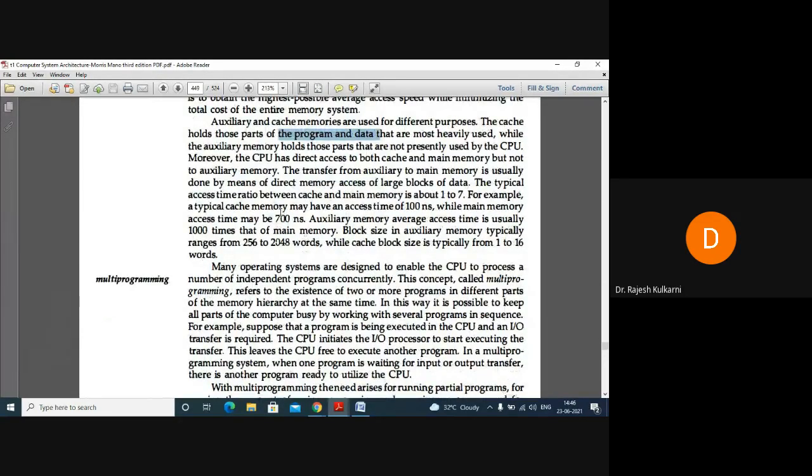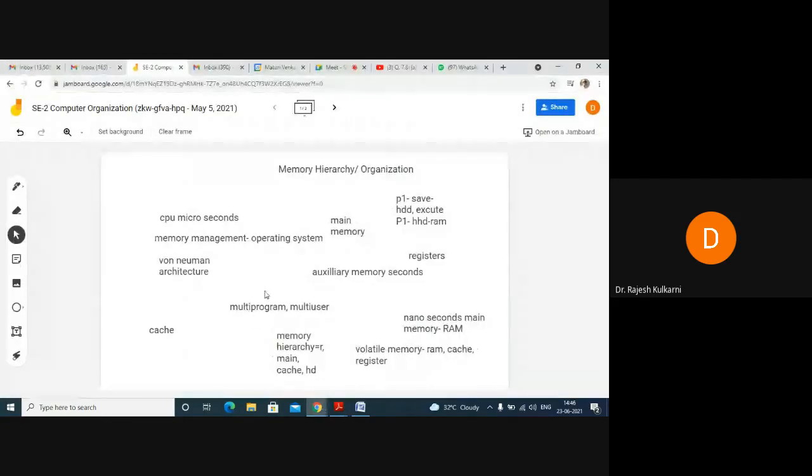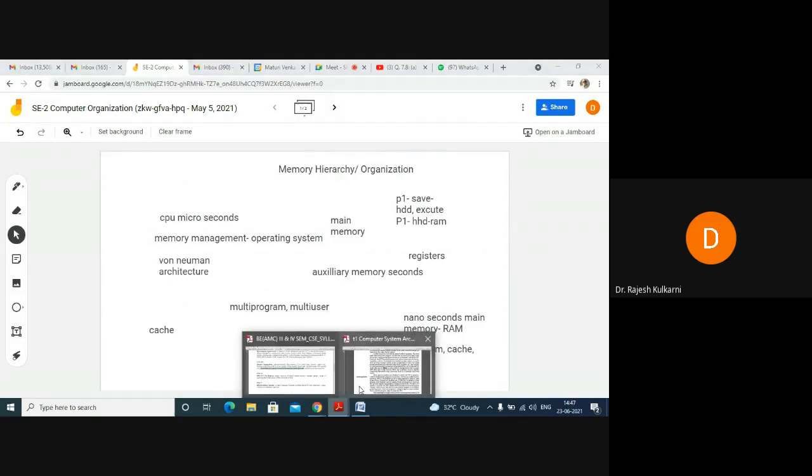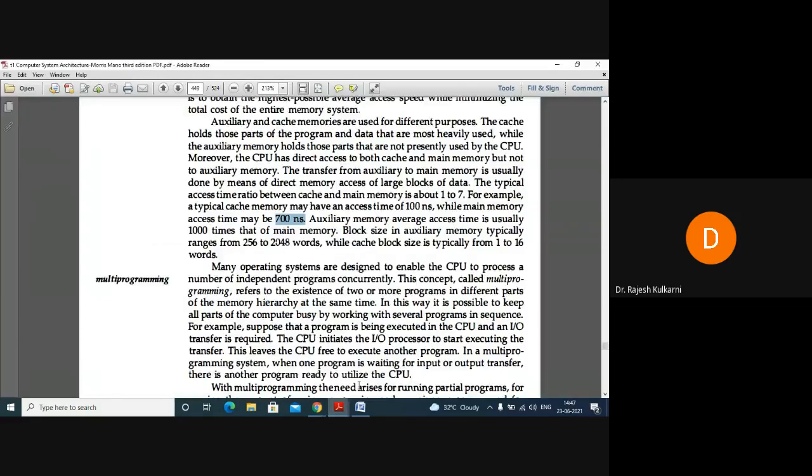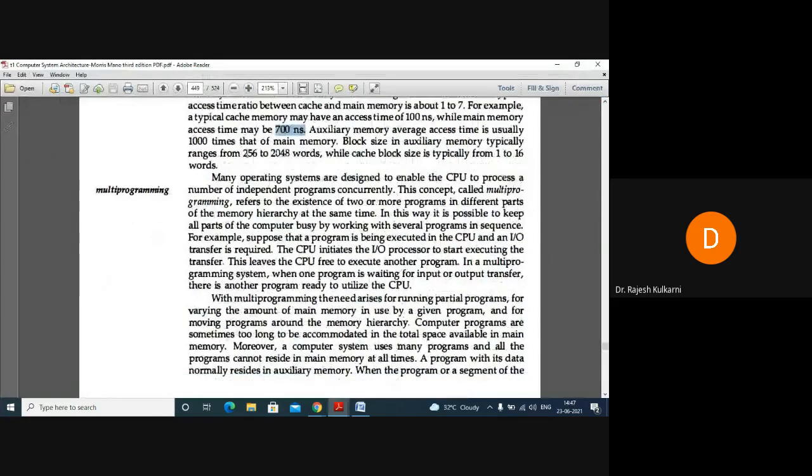As you can see here, the main memory speed is in nanoseconds, 700 nanoseconds. Let us check what we have mentioned here. Where is main memory? Yeah, this is our main memory. The speed is in nanoseconds. What is the block size of the secondary memory, auxiliary memory? 256 to 2048 words.